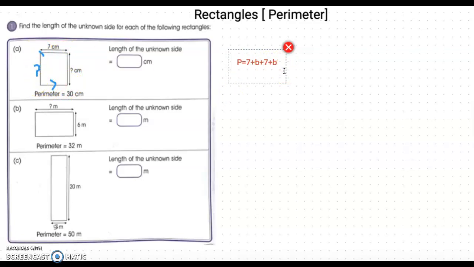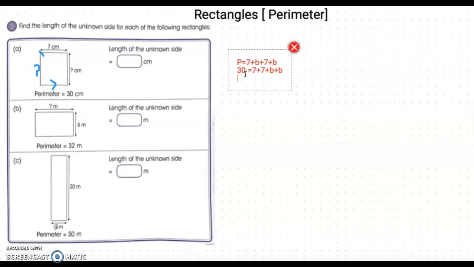Now they have given the perimeter as 30. So 30 is equal to 7 plus 7 plus B plus B. I just brought the 7s closer and the Bs closer. In math we say bring the like terms together.